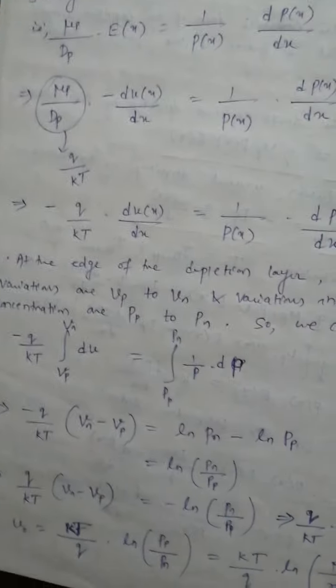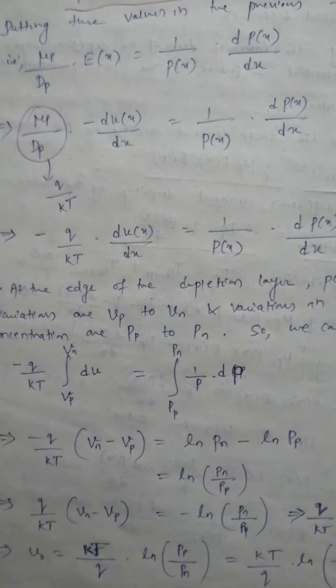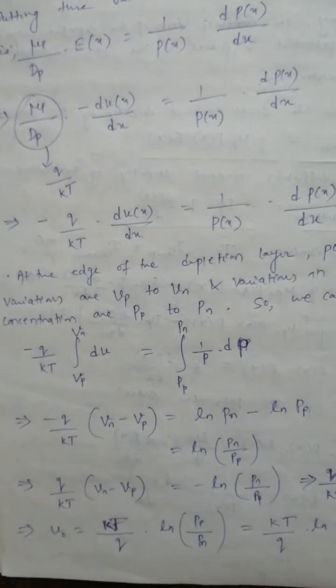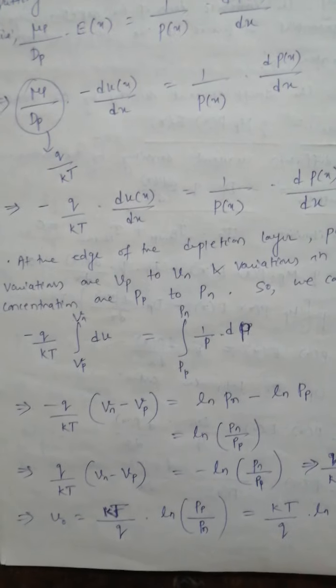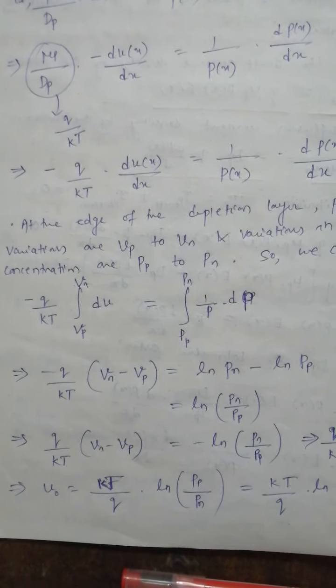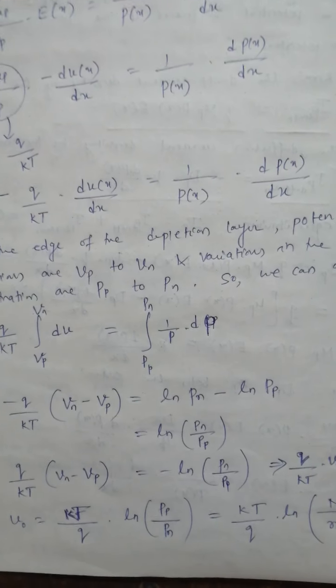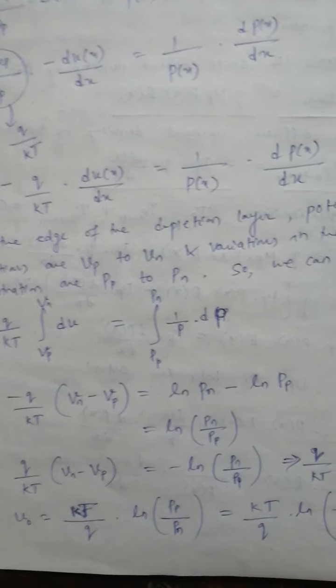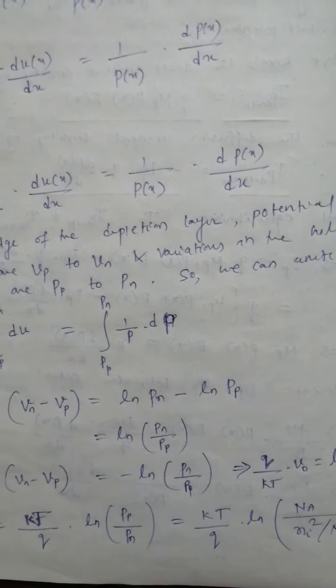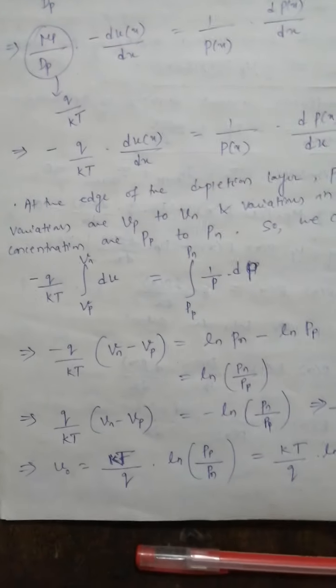You can see these derivations are done on a step-by-step basis, so it will be easier to understand. And at last I got that minus q by kT into dV(x) divided by dx equal to 1 by p(x) into dp(x) divided by dx.